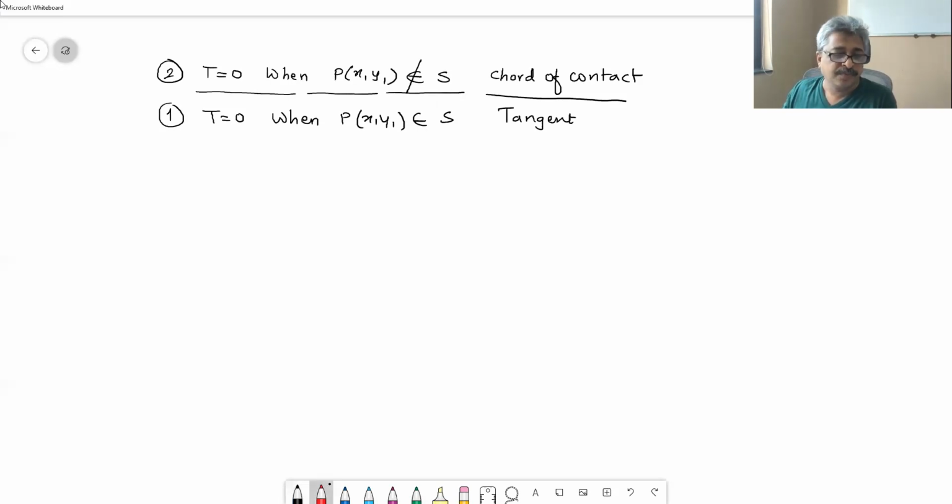Definition. Let S is equal to 0 be a conic section.